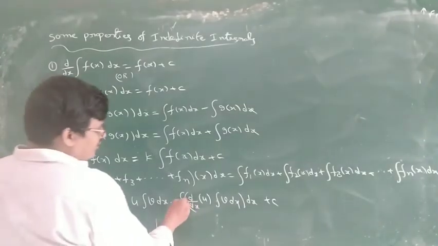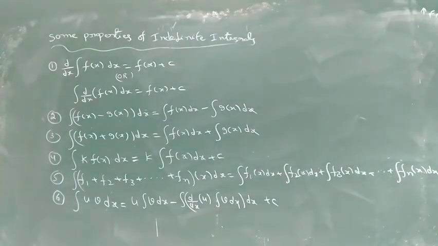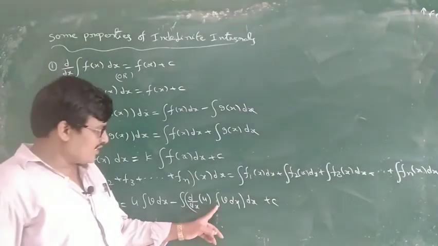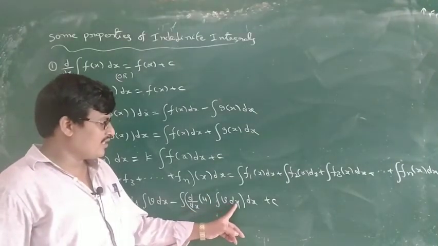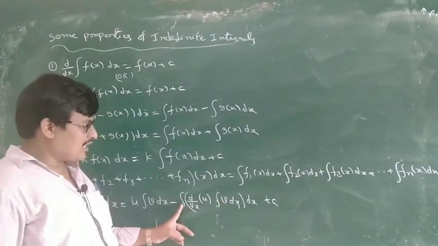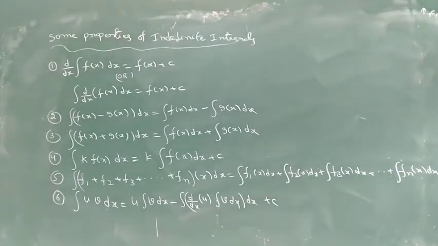Each derivative has one dx; derivative means derivative with respect to x, and this integration also is with respect to x. The total is another integration, also with respect to x. These are the properties of integrals.